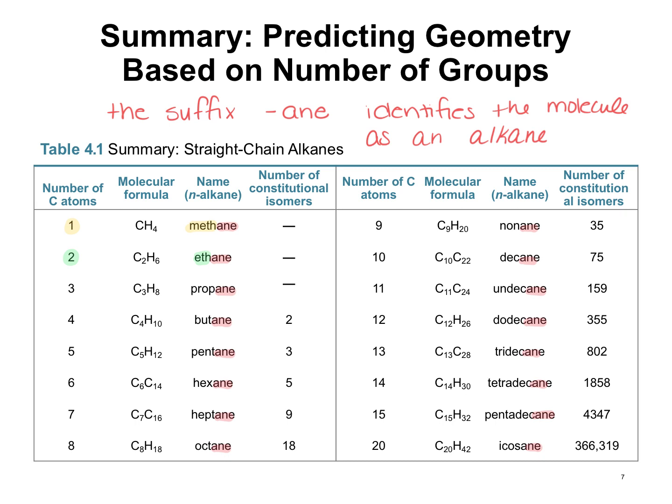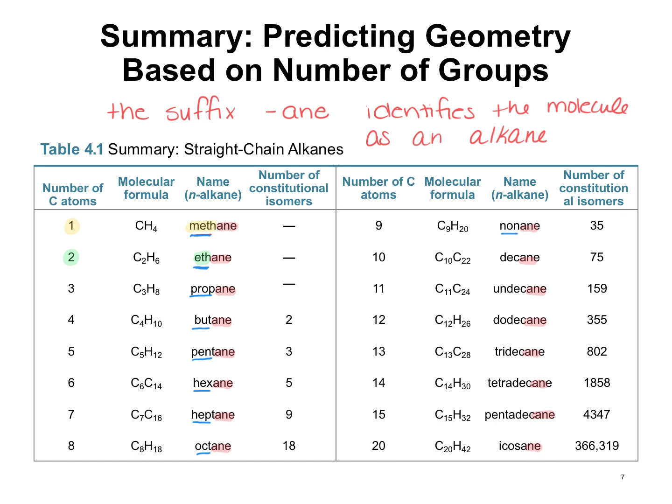So the prefix meth means 1, eth means 2, prop means 3, but means 4, pent means 5. So I think about a pentagram, right? That's got 5 sides. Hex means 6. I think about a hexagon, right? There's 6 sides. Hept means 7. Oct means 8. I think about an octopus.